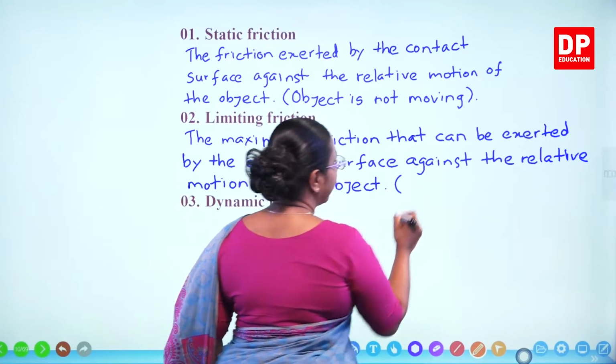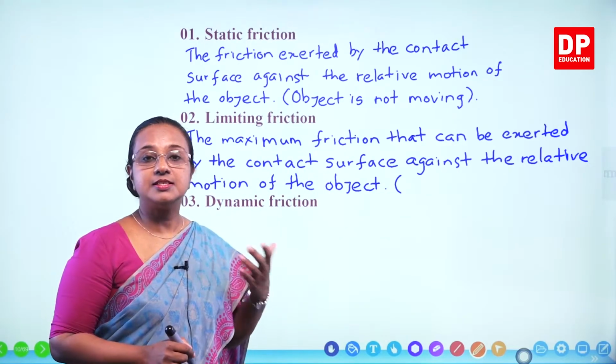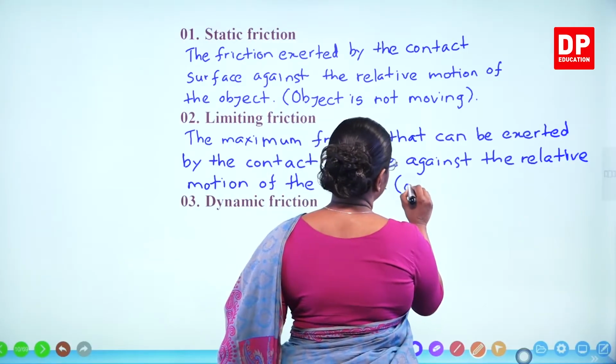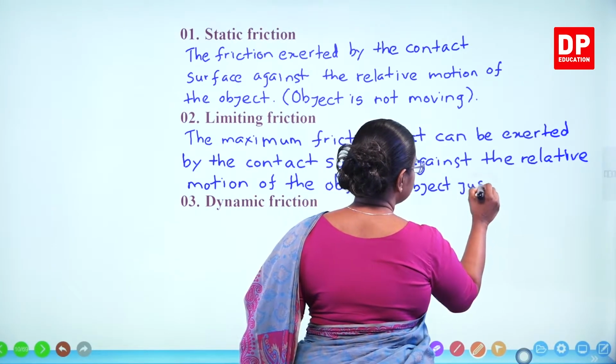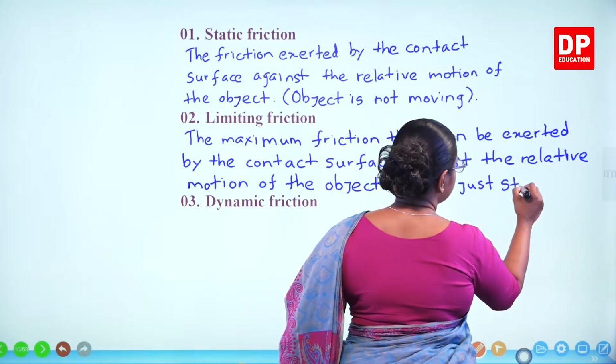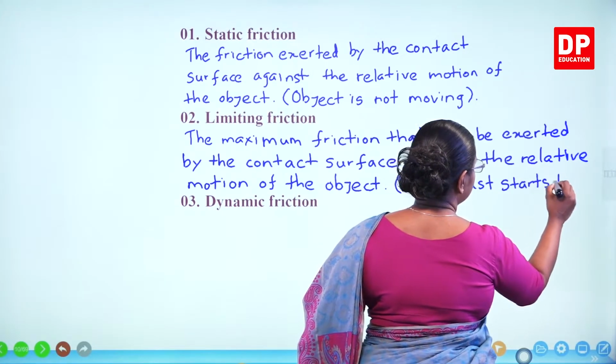So this is when the object just starts to move. So here object just starts to move.